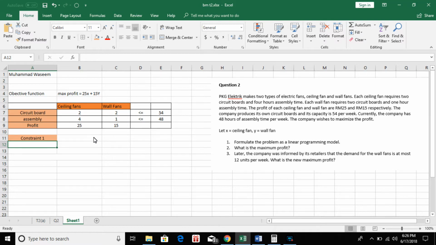So 2x plus 2y, 2x plus 2y is less than or equal to 54.